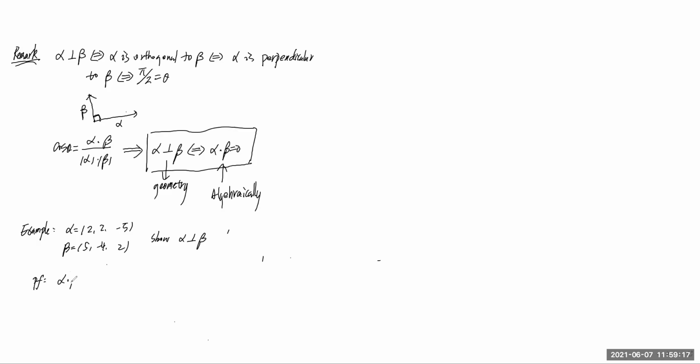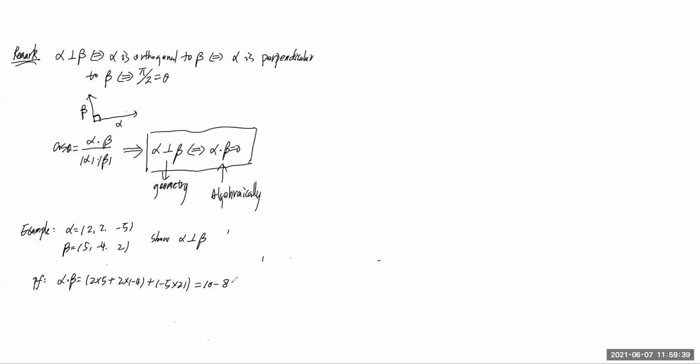You compute the dot product. This is 2 multiplied by 5, plus 2 multiplied by negative 5, plus negative 5 multiplied by 2. Okay, so we get 10 minus 8. Oh, sorry, I made some mistake.